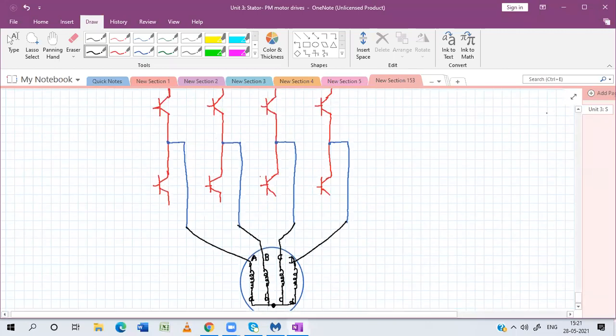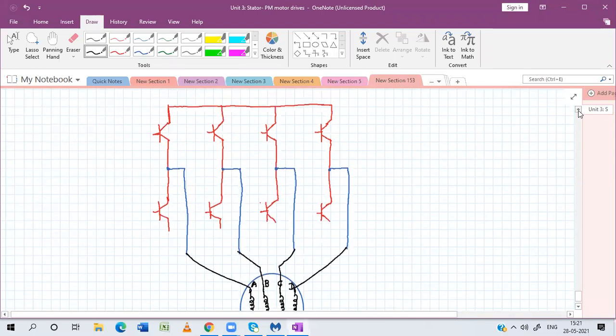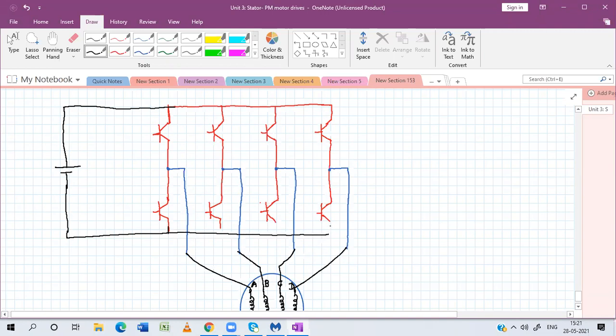Now we are giving a supply. This is the supply.